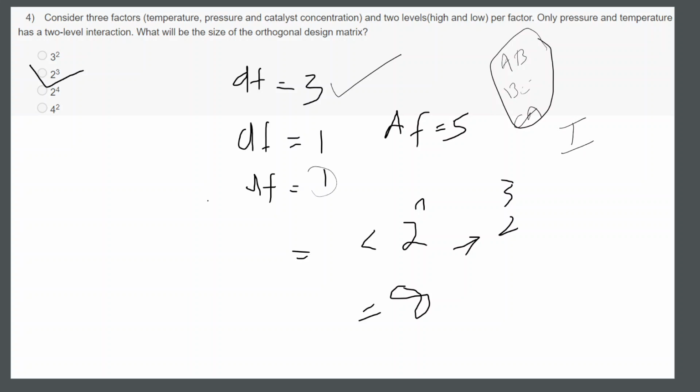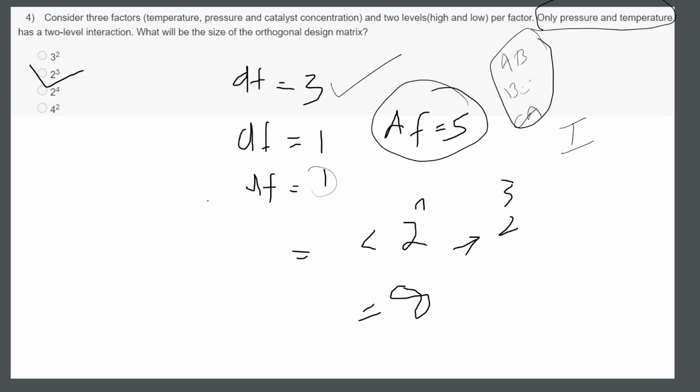And then one for the constant. So basically we have 5 degrees of freedom.